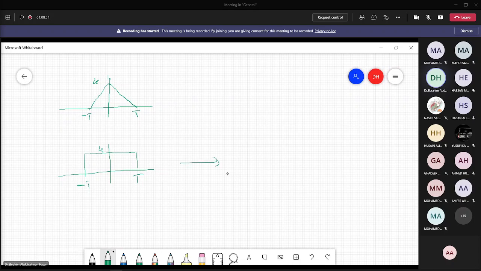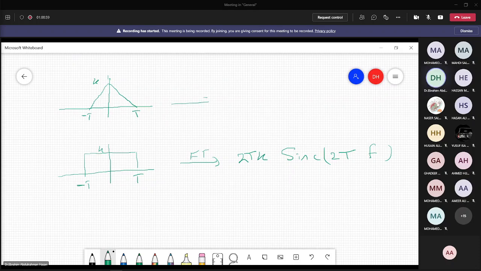The Fourier transform for this one is directly equal to k multiplied by sinc of f, 2 multiplied by t. So it is 2 multiplied by t multiplied by k.